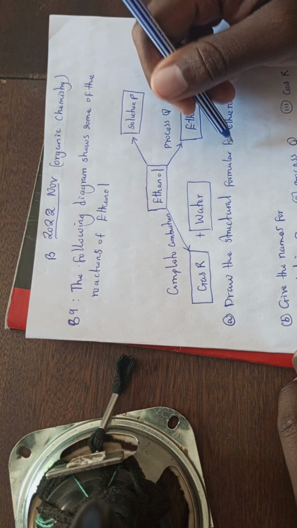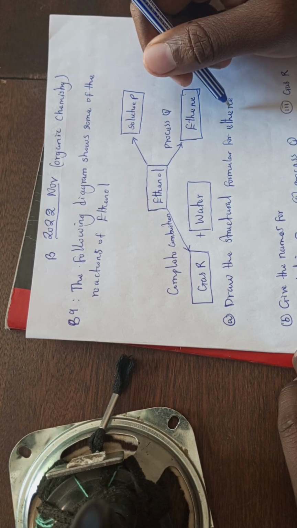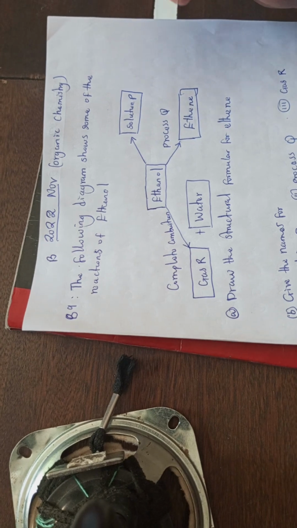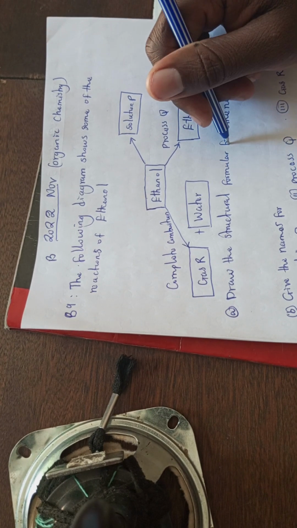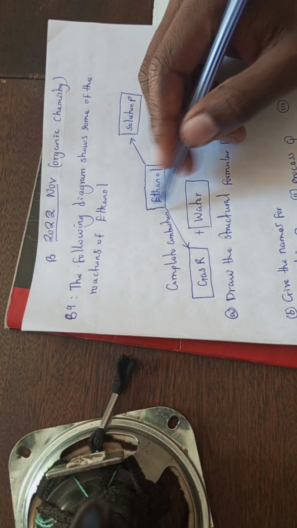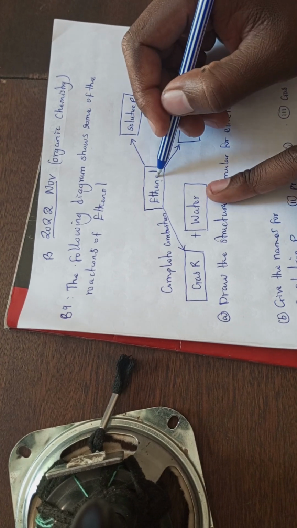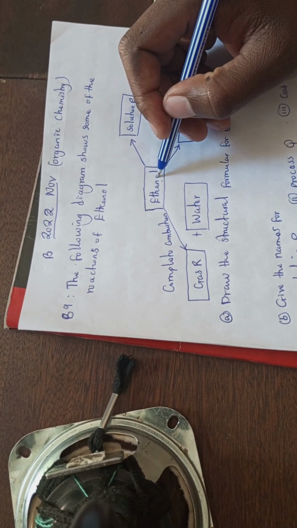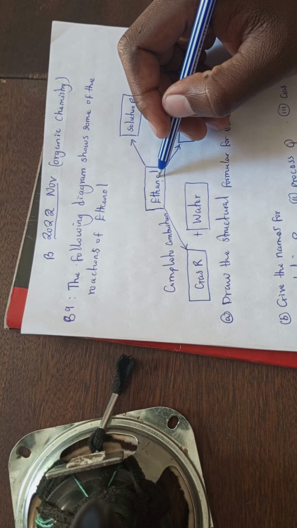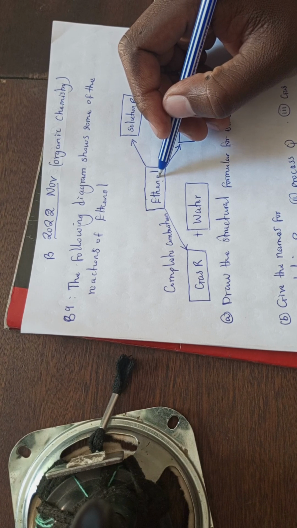Draw the structural formula for the ethene. Now, before we answer this question, let's analyze what is happening here. Everything is based on ethanol undergoing a variety of chemical reactions.